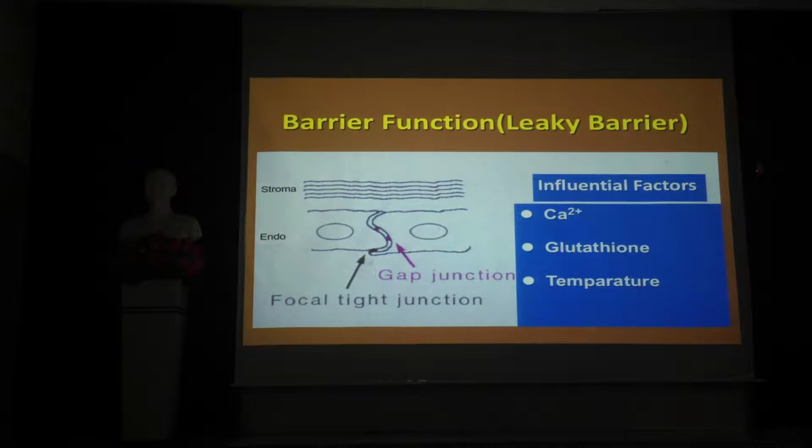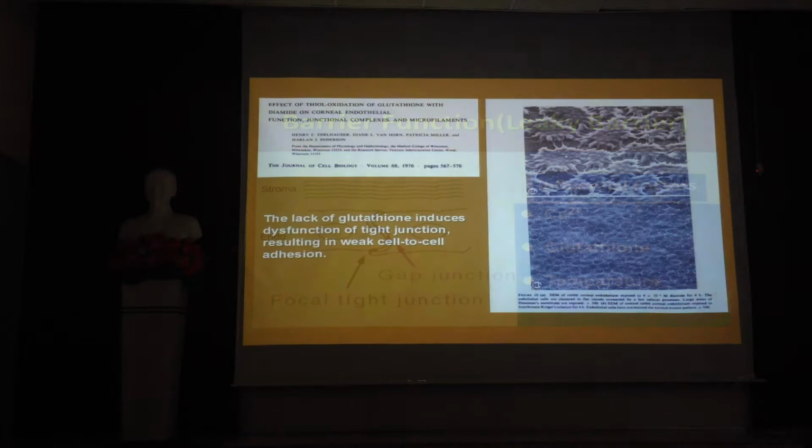Well, barrier function. The influential factors are calcium concentration, glutathione, and also temperature. If the temperature decreases, the barrier becomes stronger, and vice versa. Then there are glutathione and calcium concentration.